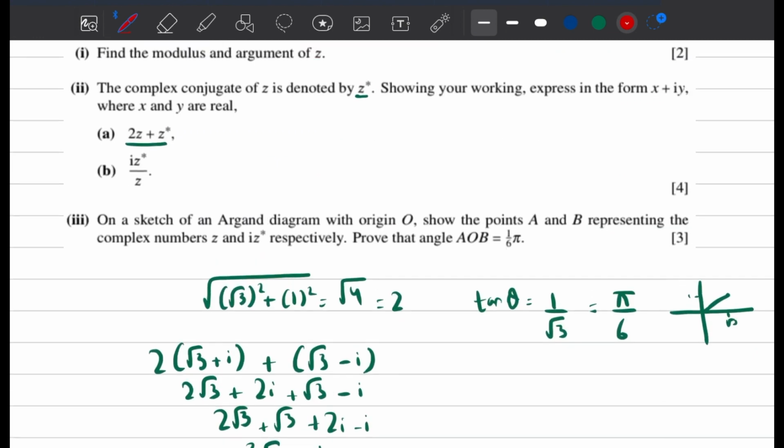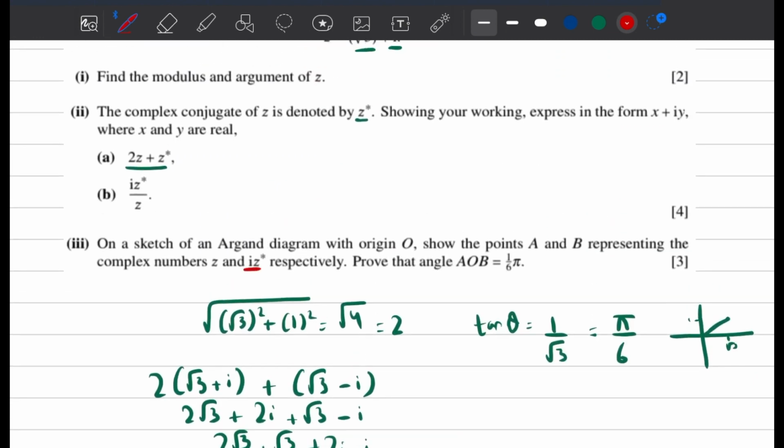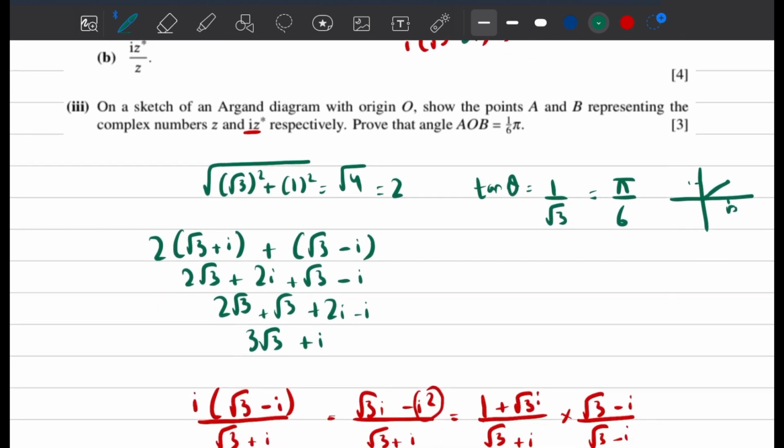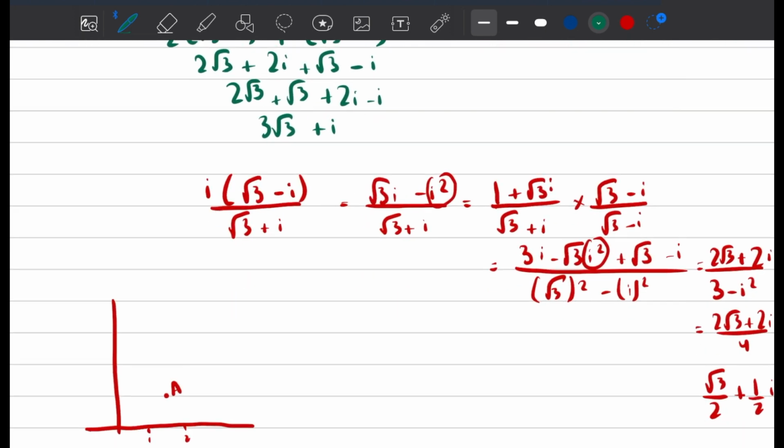What did I say about point B? It's i z conjugate, meaning i multiplied by under root 3 plus i. So that's under root 3 iota plus... in the conjugate there will be a minus, my bad, so minus i squared is going to become 1 plus under root 3 iota.